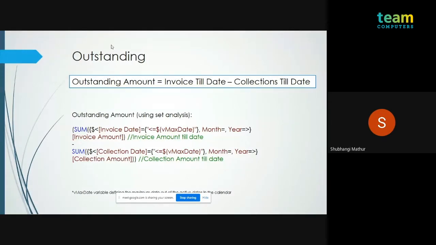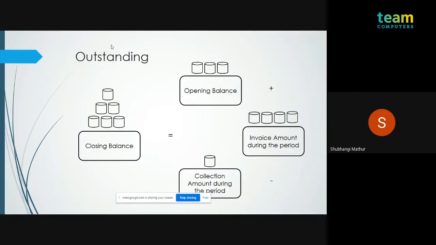So another way of looking at outstanding is that outstanding can be looked at as closing balance, right? So closing balance would be my opening balance, if I'm looking at closing balance at the end of a period, so the opening balance at the beginning of the period, plus the invoices during the period, minus the collection during the period.